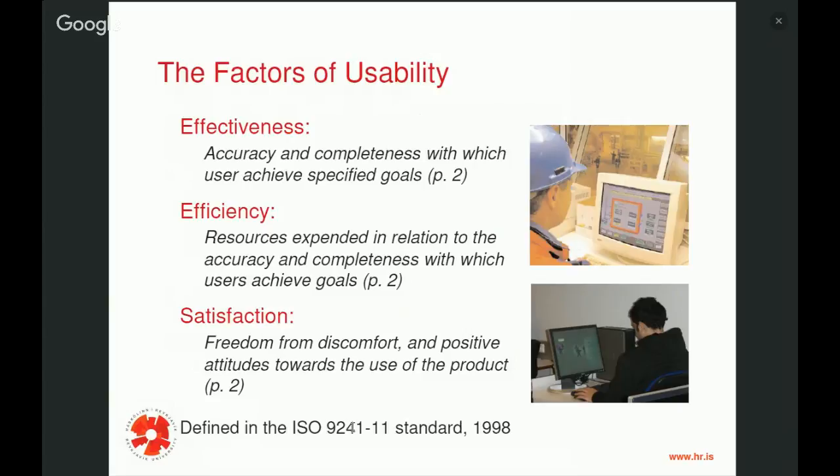So effectiveness is where you're studying if you can complete something. You ask the user, could you do this, please? And you are really checking, can the user complete this? If the user is able to achieve it, you're also checking if he did insert the right data.